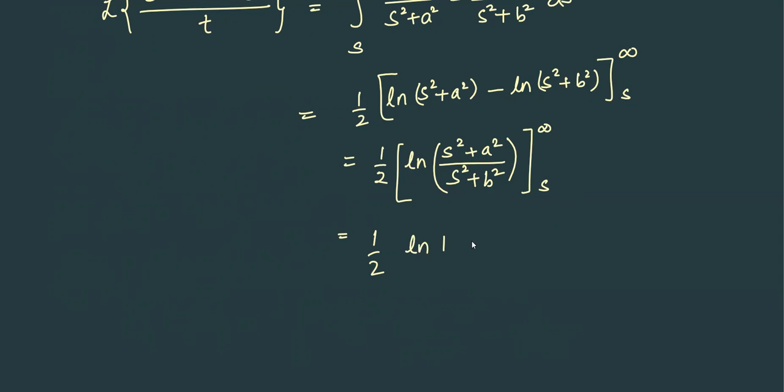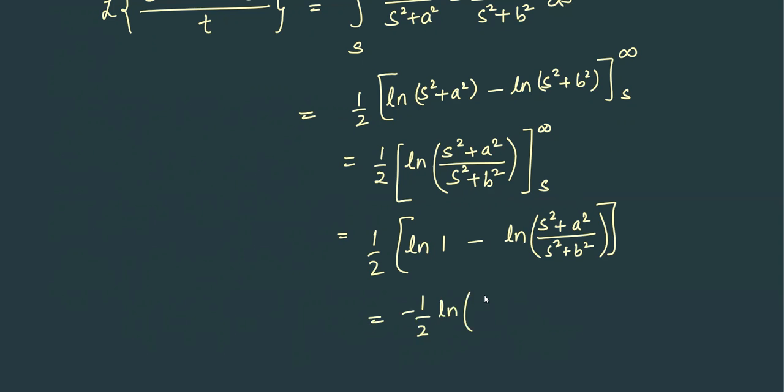So you will get log 1 minus log of (s square plus a square) by (s square plus b square). Log 1 is 0. So then we have minus half log of this, or change the numerator and denominator. So this is the solution.